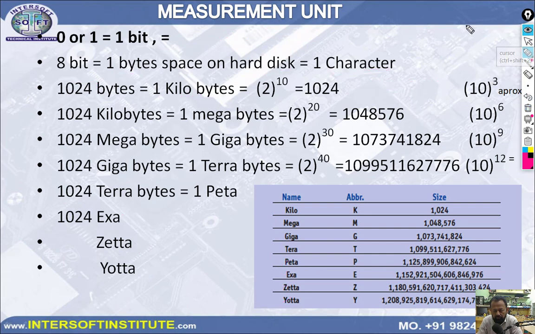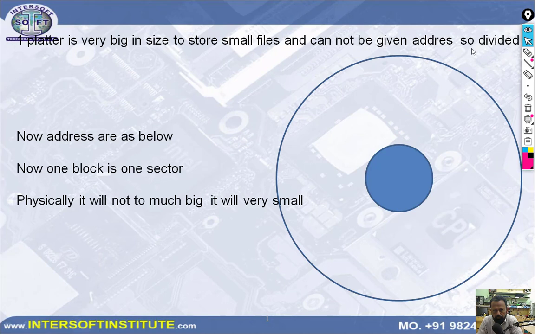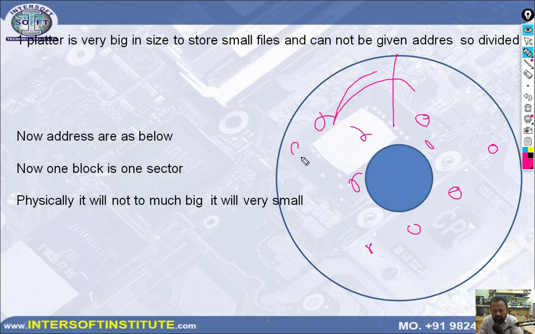Next we go further. Now, how does it store the data on the platter? See, the platter is very big. If I put any data here, how can I make an address? How can I identify where the data is stored? If I create one file and put it here, how can I give the address saying where it is stored?